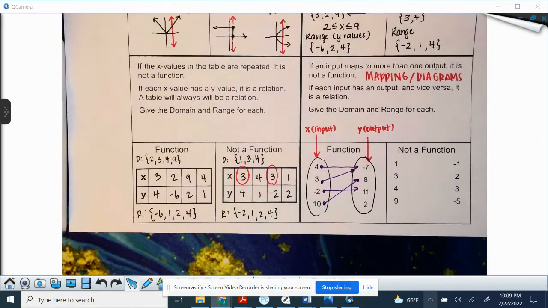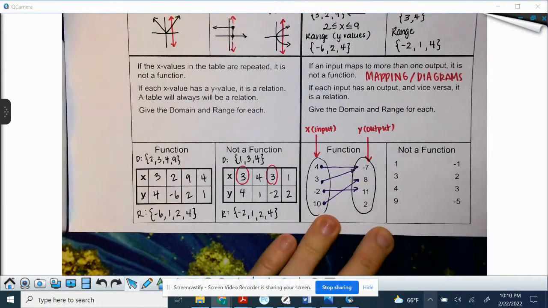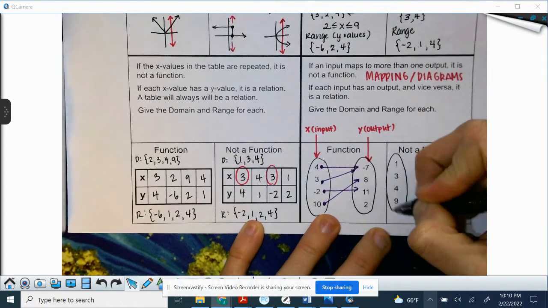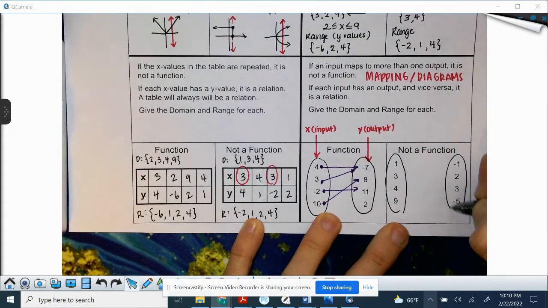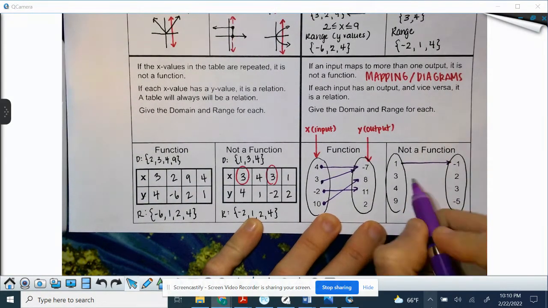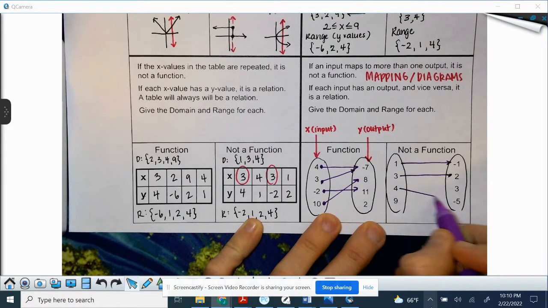And then for not a function, just like the previous, the input cannot repeat to a different output. So that means your x cannot repeat. So for this to be not a function, we'll go and put the circles around it, because that's probably how it is notated more times than not. If 1 goes to -1, just for fun, we could do 3 to 2, 4 to 5, -5, 9 to 3.